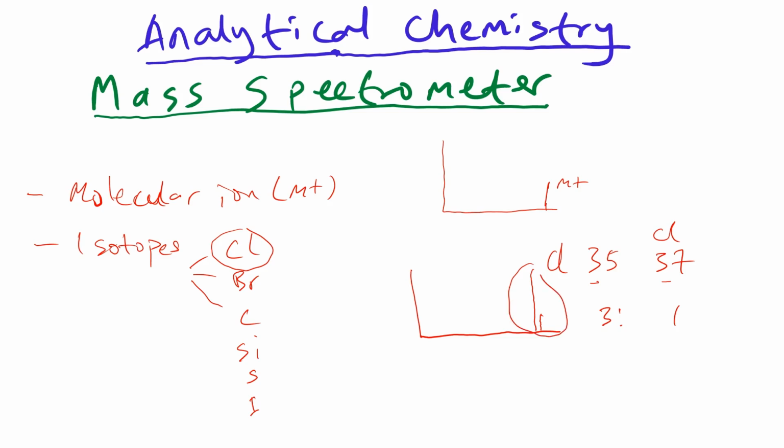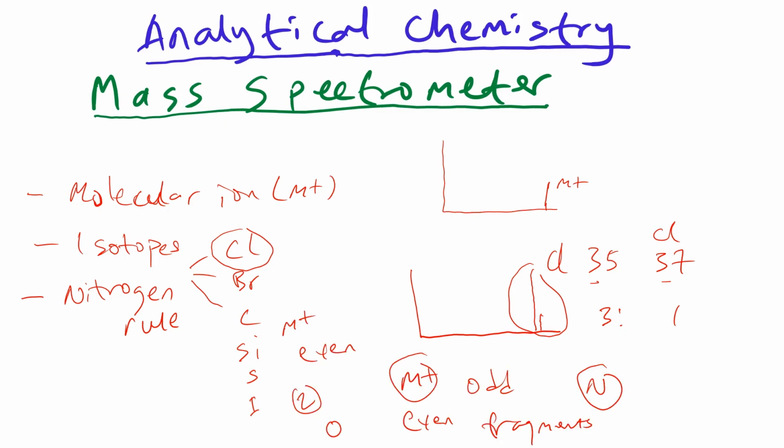There is something else we call the nitrogen rule. You need to know this nitrogen rule. It's very interesting because it helps us determine if there is nitrogen present in that molecule. If the M plus is odd, it shows that there is a possibility of a single nitrogen being present in that molecule.